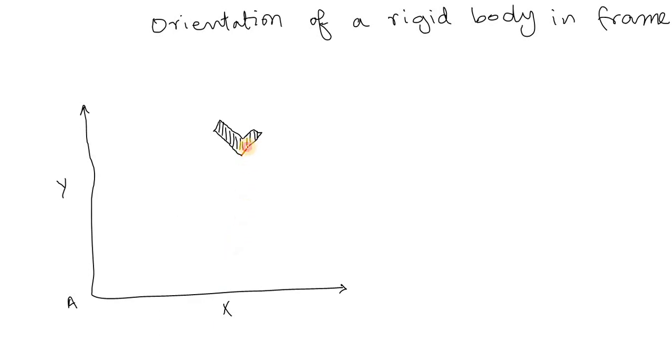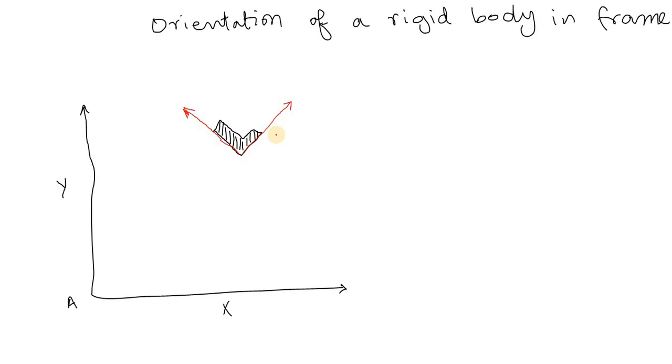So we can attach another frame here, which you can call frame B, let's say. And let's say these are the unit vectors of these frames.